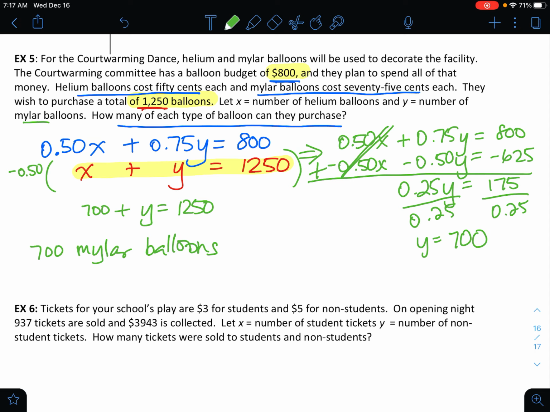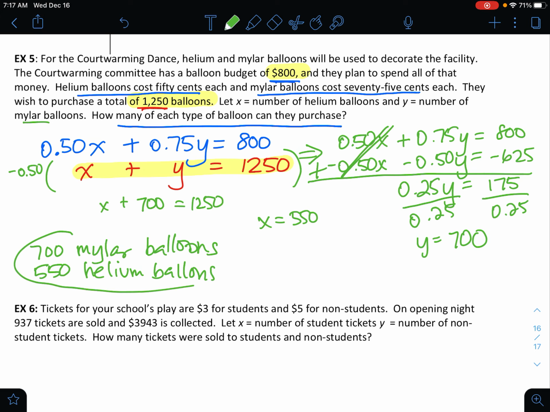So I get 500 for, oops, I did that backwards. Let me back up here, sorry. I'm going to get the same answer. I just plugged in for the wrong variable. So I wanted that to say X plus 700 equals 1,250. I'm still going to do 1,250 minus 700, but that's going to be my X value. So 550 are the helium. So 550 helium balloons. And that is my solution.